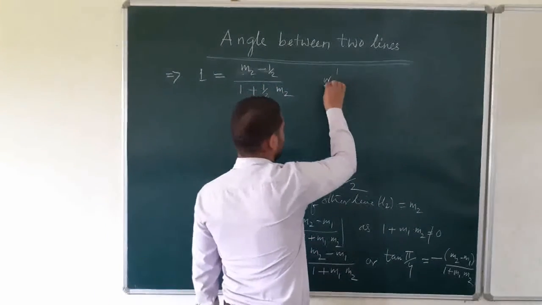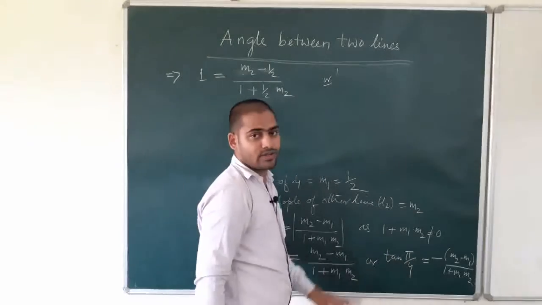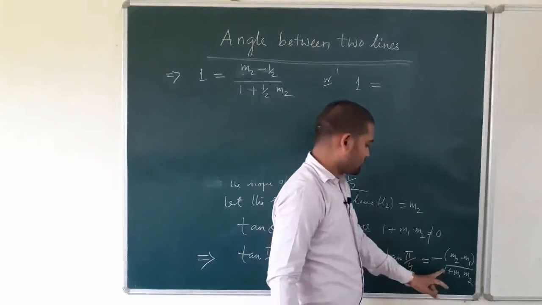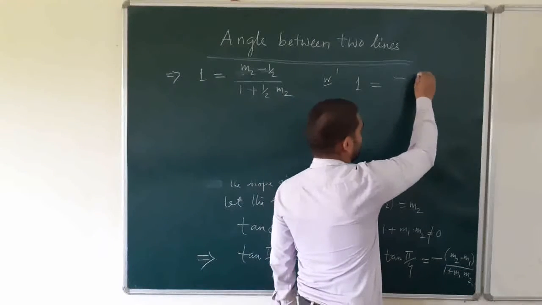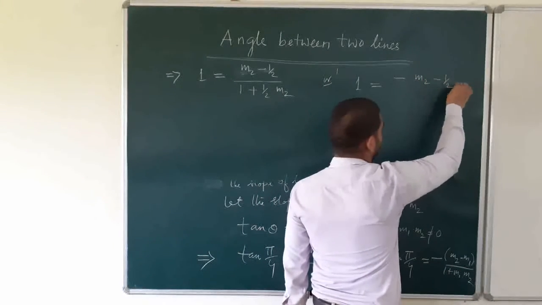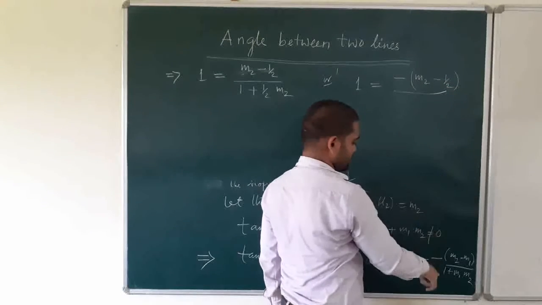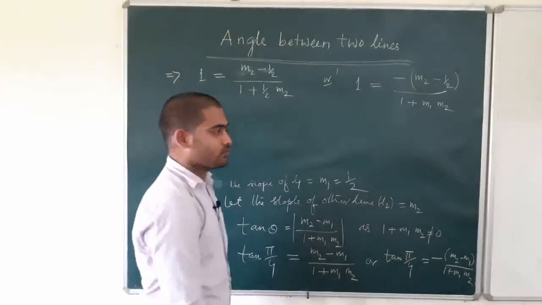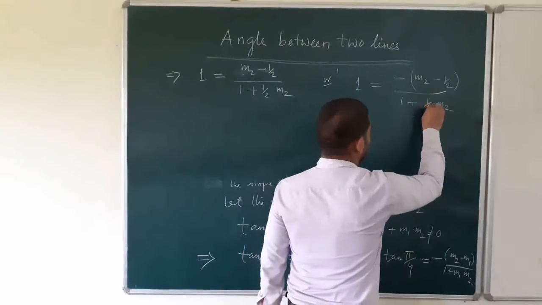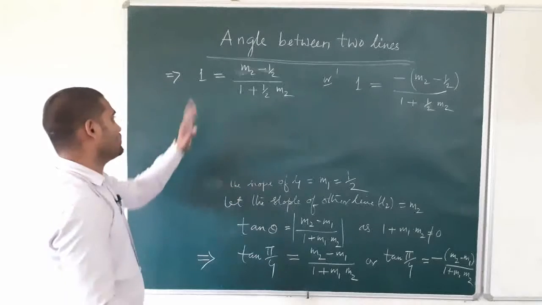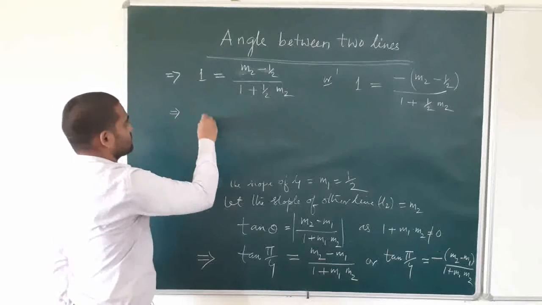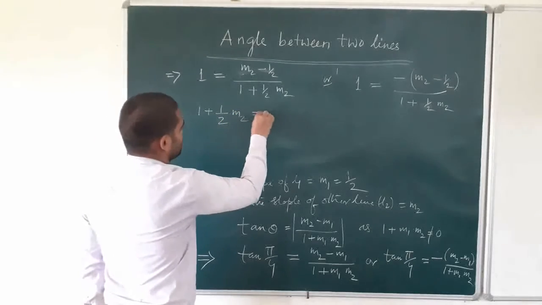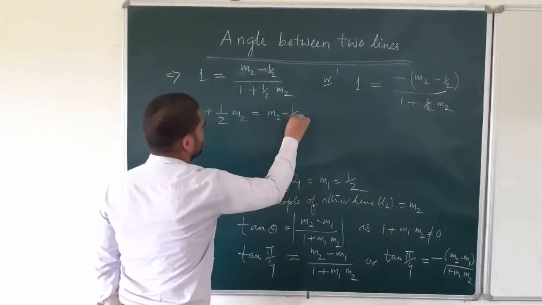Similarly, on the right side, tan pi by 4 you can write 1, and then m2 minus m1, where m1 is given as half, by 1 plus m1 into m2. Now you cross multiply.